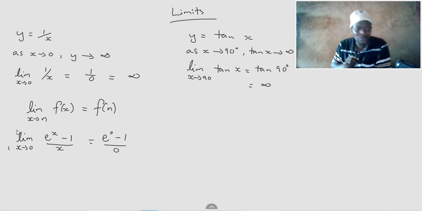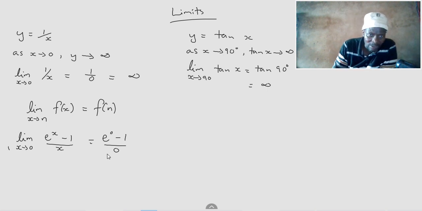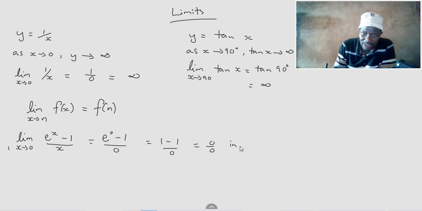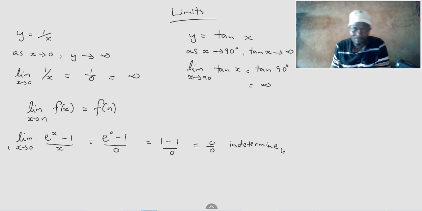I'm simply substituting, and this gives 1 minus 1 over 0, which is 0 over 0. Indeterminate. I cannot determine what that value is going to be.